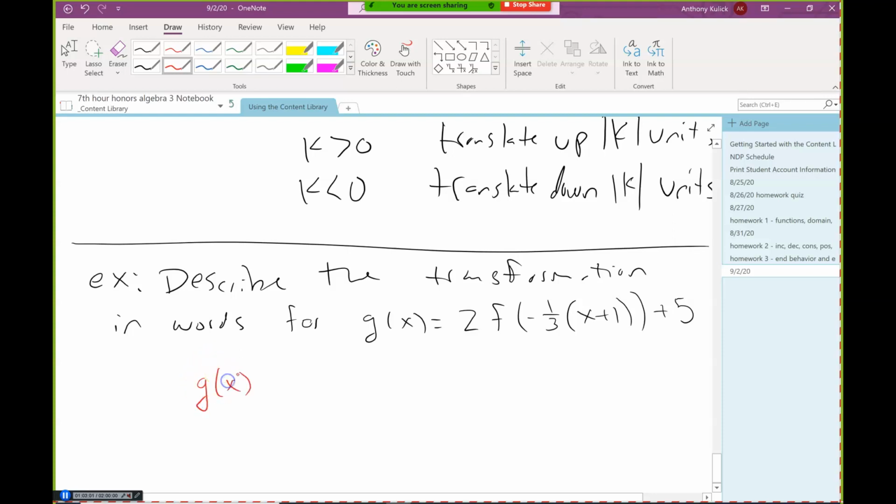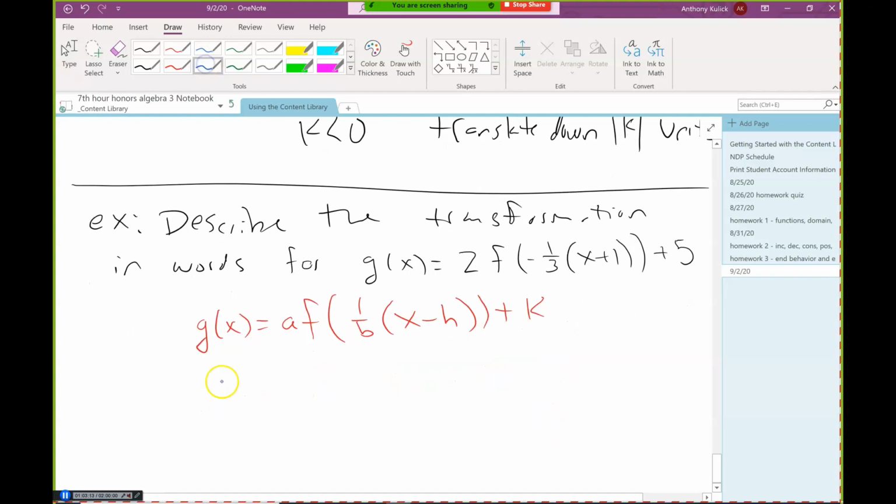So what I'm going to need to use first is this general form for the transformation of any function. And I'm going to use this to identify the values for a, b, h, and k. So a is 2. B is -3.